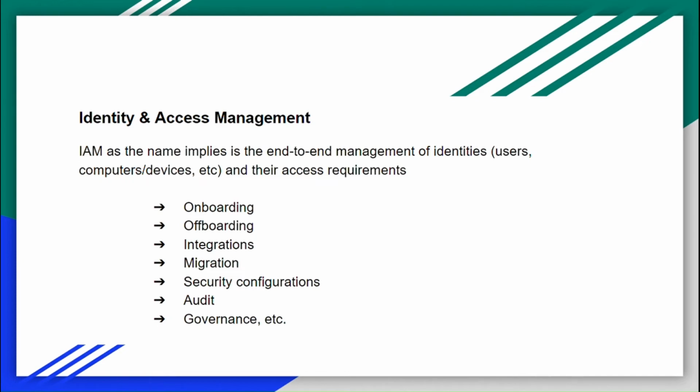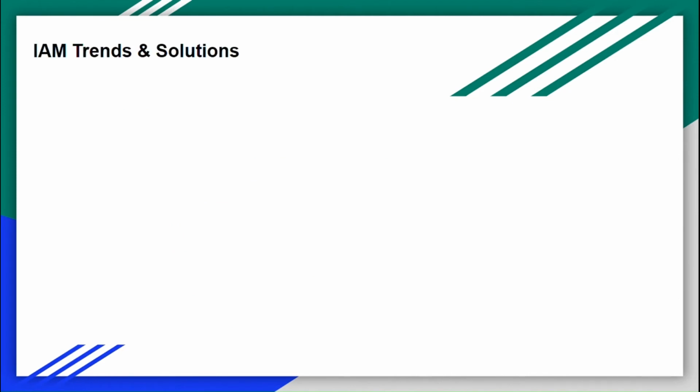Anything of these dynamics, it's about IGA, identity governance and administration, the core solution within IAM that typically deals with the governance of overall identity within the organization. So that's about it.